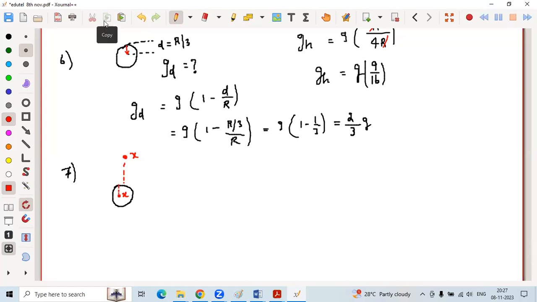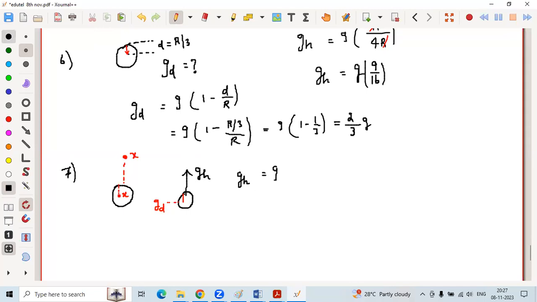Everything is previous question. இது earth. அப்படியே மேல போயிட்டு இருக்கேன். So this will be GH. Earth அப்படியே கீழே போயிட்டு இருக்கேன். Somewhere it will be at this location GD. Now question என்ன? Find the height where GH is equal to GD.